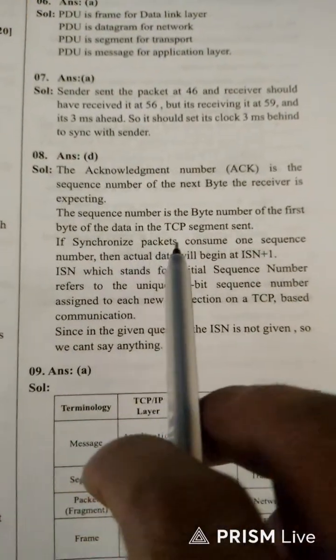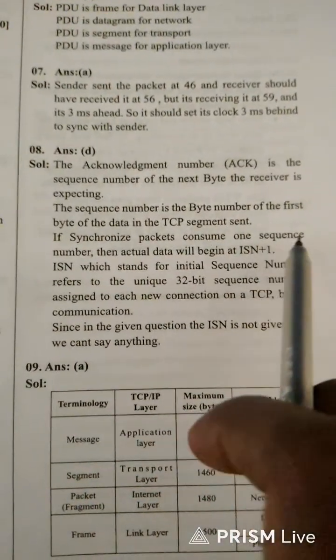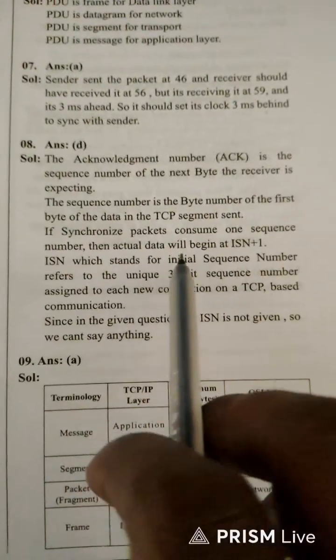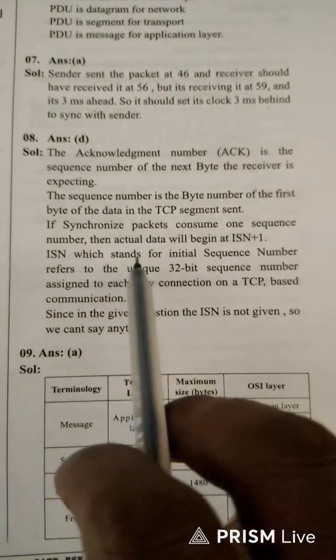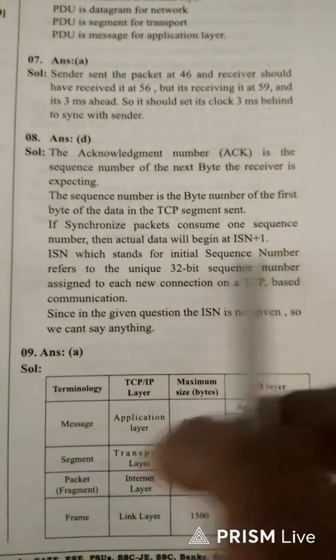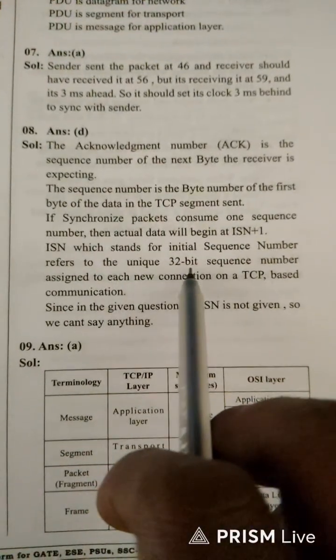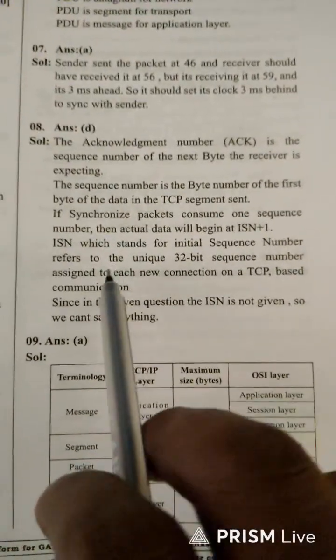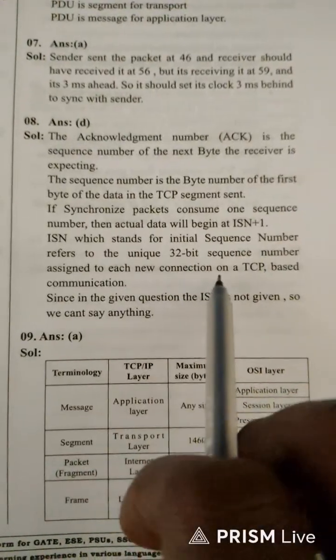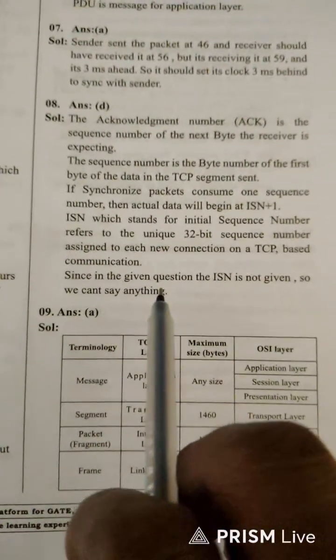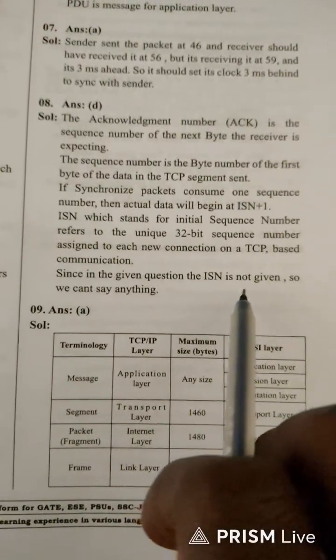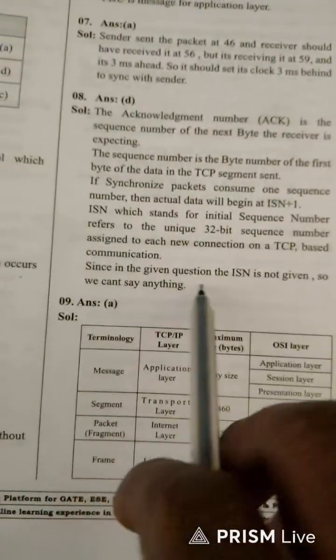If synchronization packets consume one sequence number, then actual data will begin at ISN plus 1. ISN, which stands for initial sequence number, refers to the unique 32-bit sequence number assigned to each new connection on a TCP based communication. Since in the given question the ISN is not given, we can't say anything.